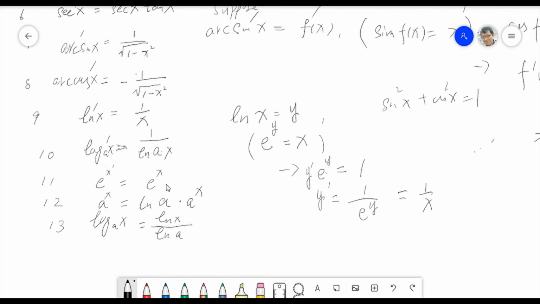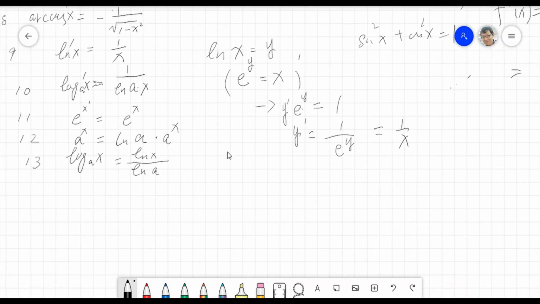But if it is a to the x, where the base is not e, the derivative will be natural logarithm of a times a to the x power. I will not prove this, but just remember this, okay?